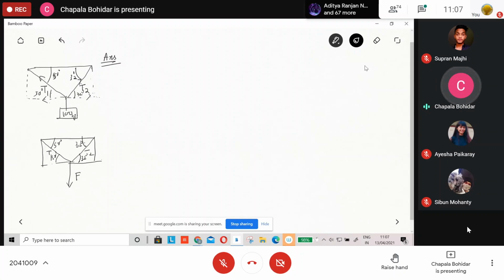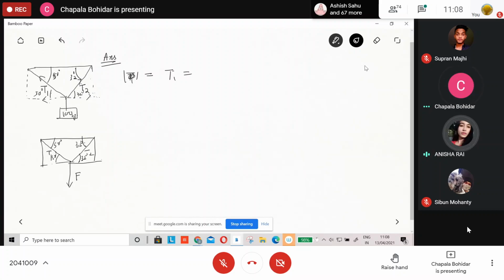So the component of T1, only T1, what is it? The component, tell me. This is i and this is j, and it is on the negative side from here.